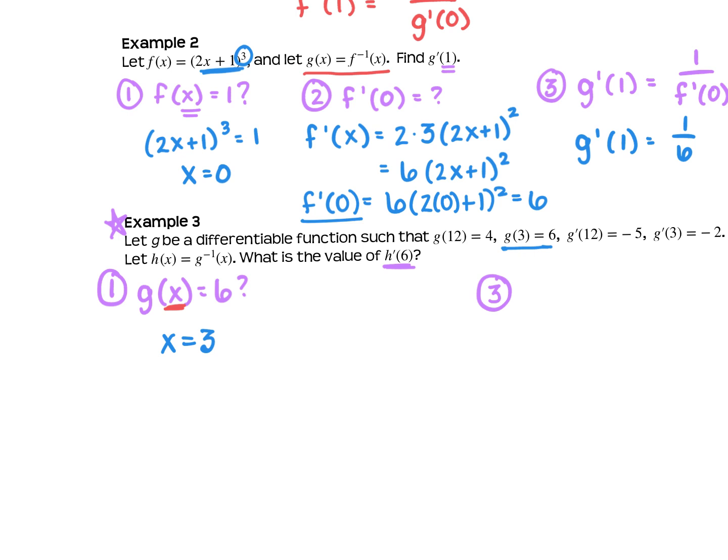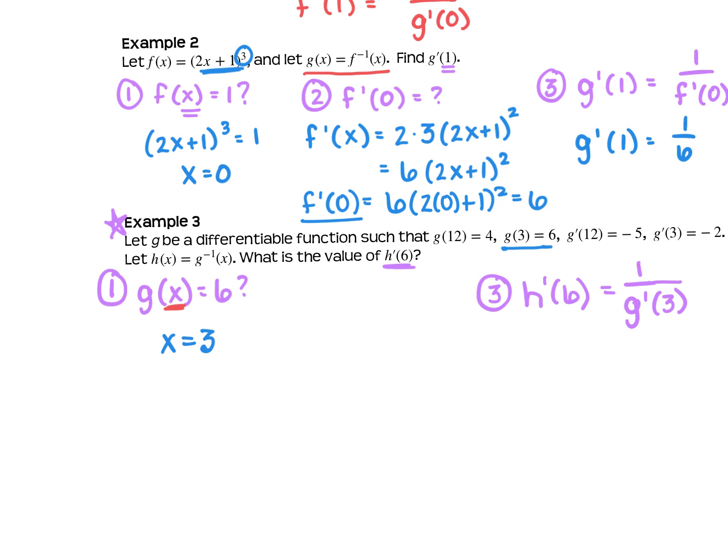I still am going to have to do a little bit of work, but I know that my derivative at 6 is going to be the reciprocal of my derivative of g at 3. I know that relationship is true because under my inverse, the 6 and the 3 are paired up together. And because it's an inverse, my derivative is going to be a reciprocal.